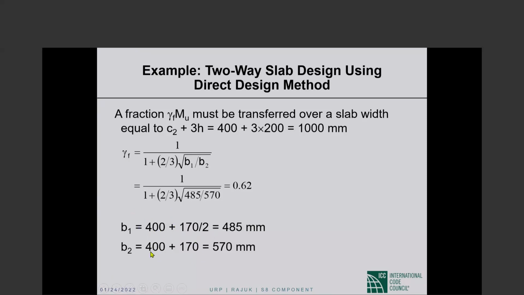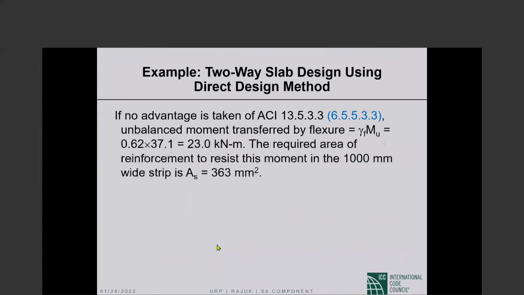The other dimension is the column dimension plus the full effective depth of the slab. So 570 and 485, that gives us the 0.62. For now, the 0.62 is partly based on trust that those are the values of b sub 1 and b sub 2.